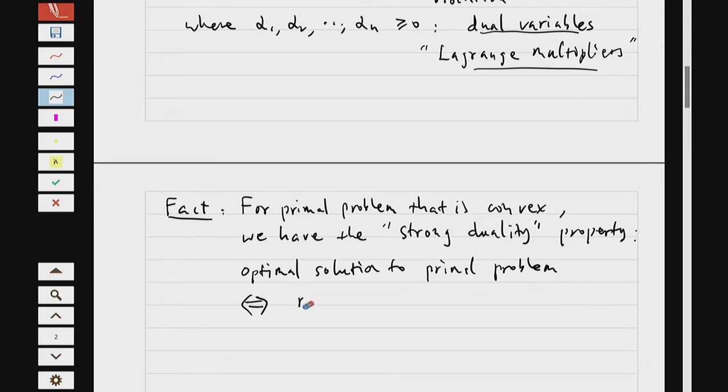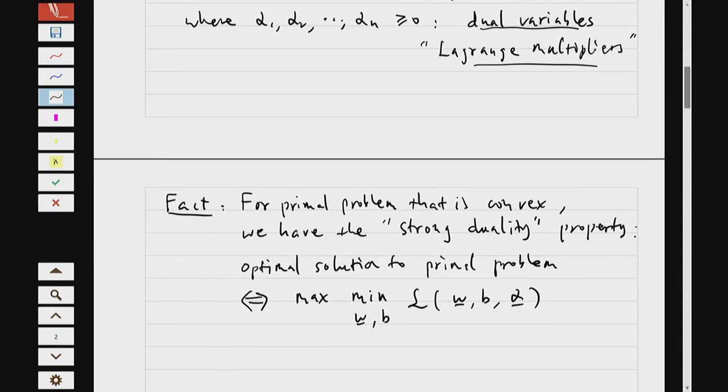Let me just write this, two steps. We first minimize this Lagrange function, but only over W and B, the original primal variables. After that, we maximize it over the remaining variable, which is alpha n. But then, of course, they have to be greater than or equal to 0 as required.